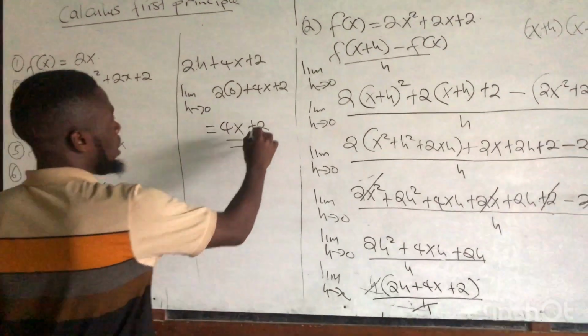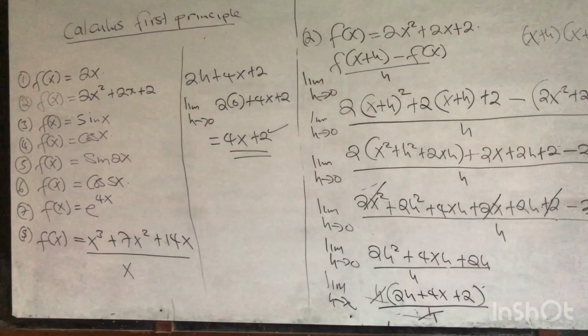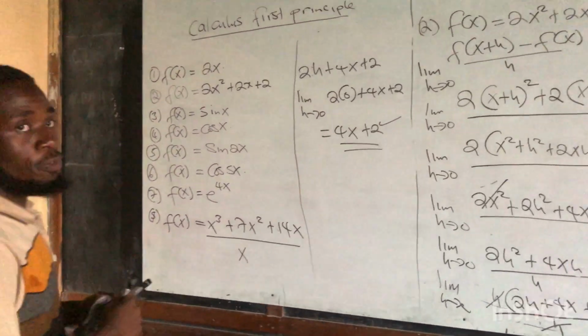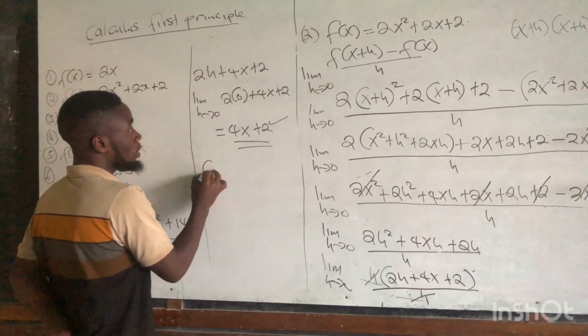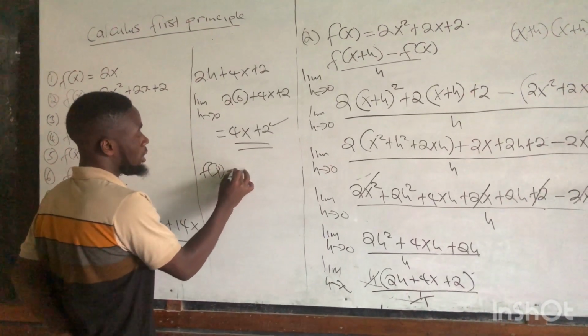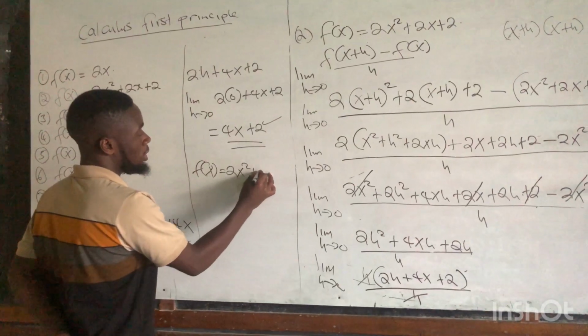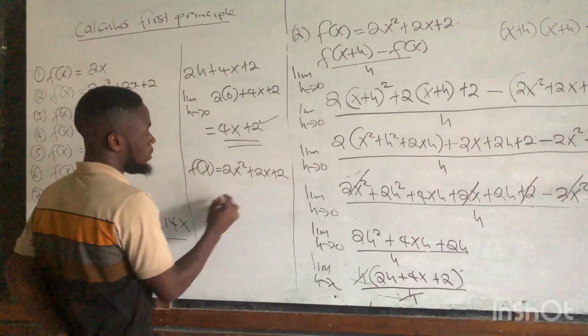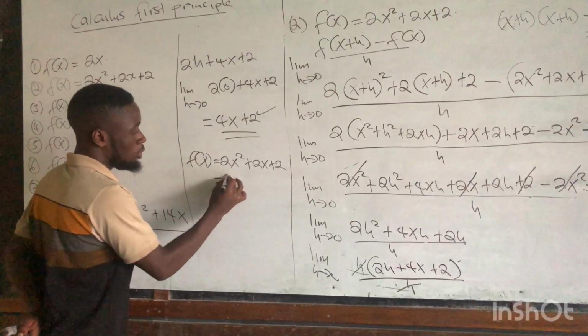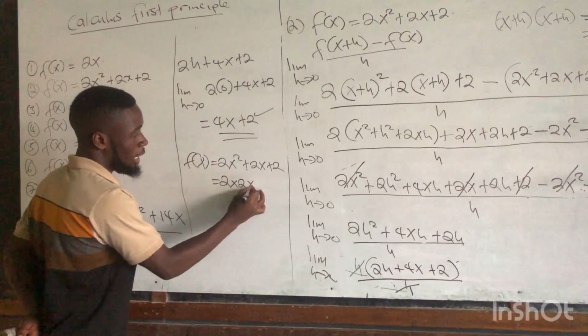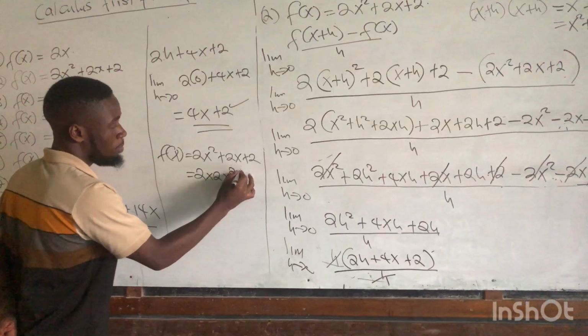So this was the answer for this question: 4x plus 2. To confirm your answer, you can use power law. Let's say f of x is equal to 2x squared plus 2x plus 2. Using power law, the first thing you drop the power, so it will be 2 multiplied by 2, then x, then you subtract 1 from the power, 2 minus 1.